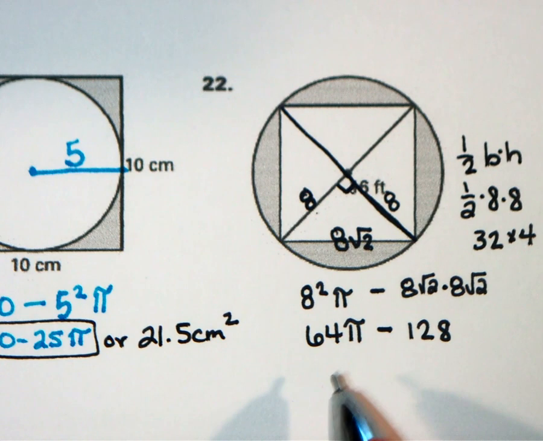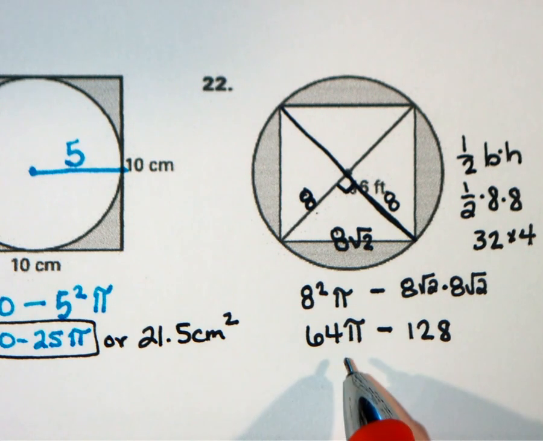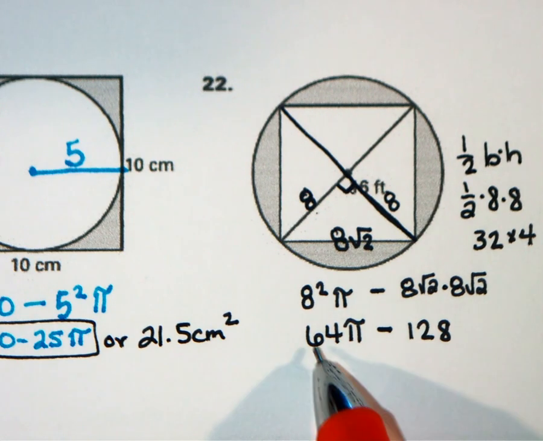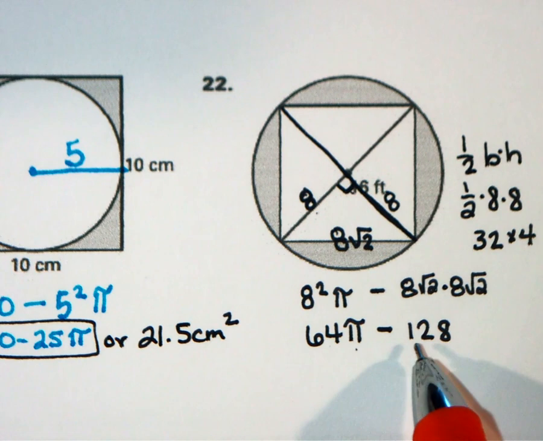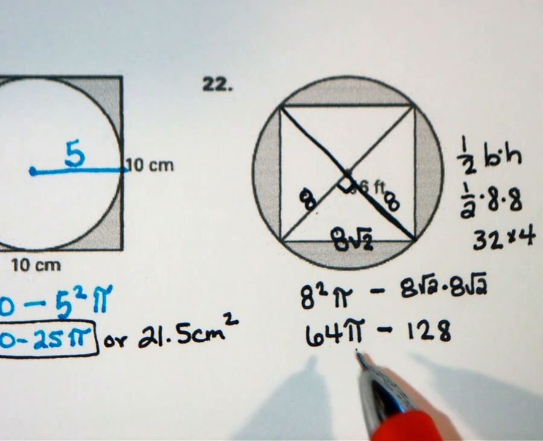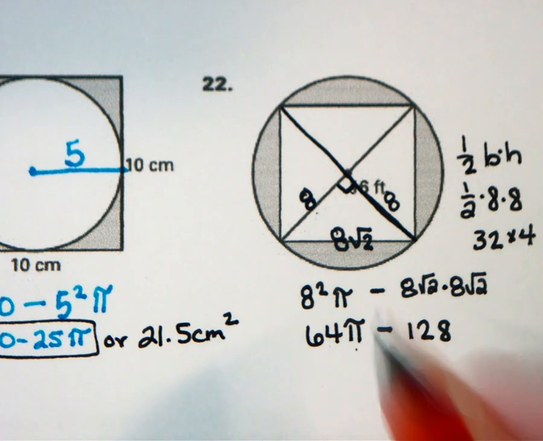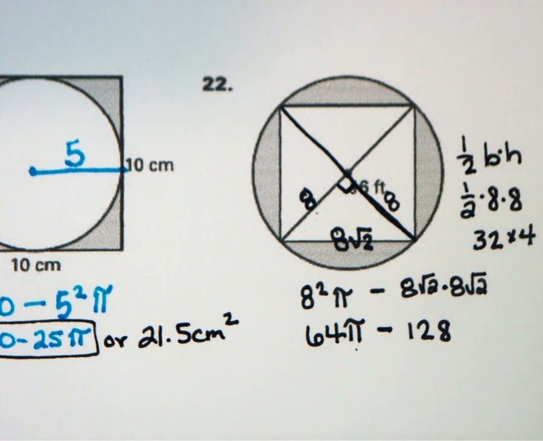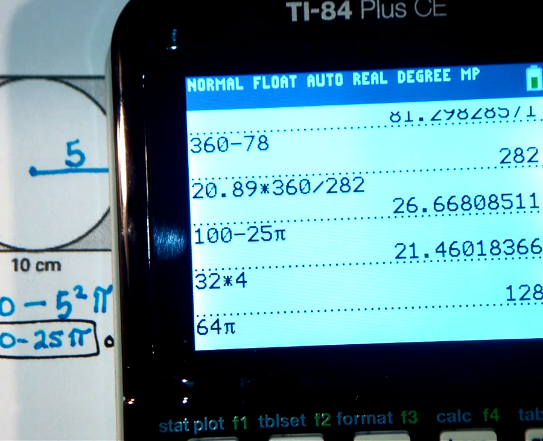Now, the next question you might be saying is, that's going to give us a negative number, Ms. Bosenberg. 64 pi minus 128, 64 minus 128, that's going to be a negative number. But you forget that pi is a number that's bigger than 3. So when I actually multiply that together, go 64 pi in my calculator, and I subtract 128 from it.